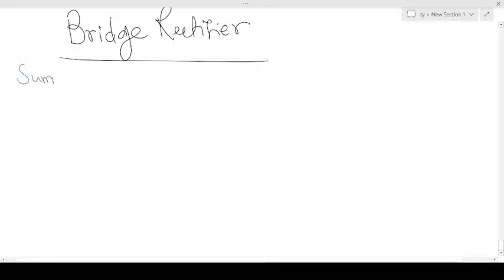Now, the bridge rectifier. The circuit of a bridge rectifier includes 4 diodes in a bridge form.